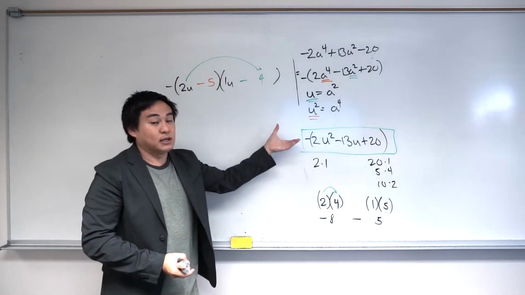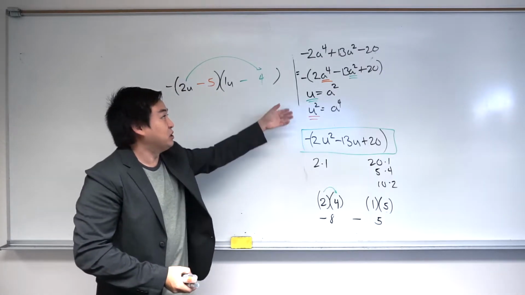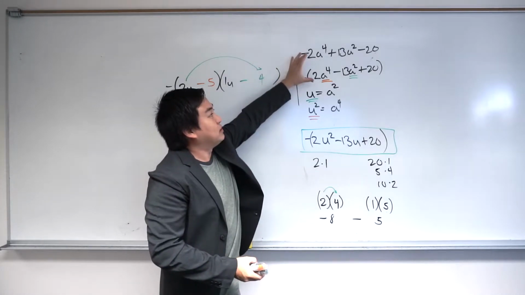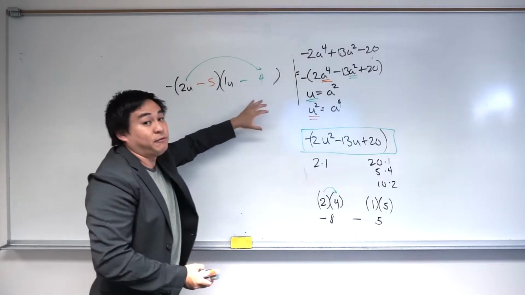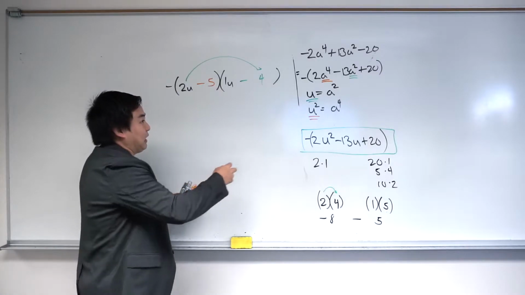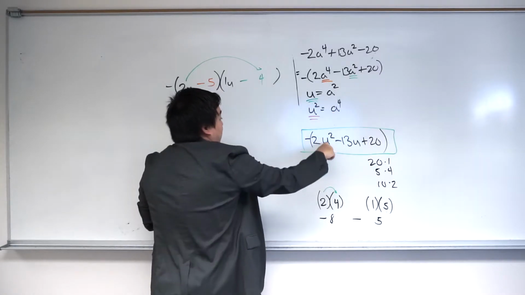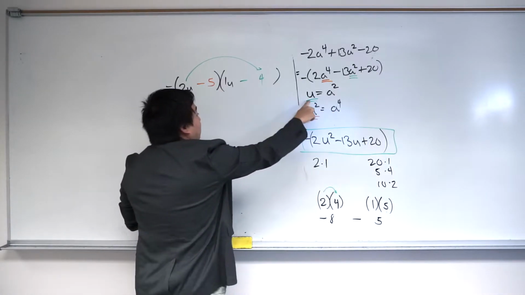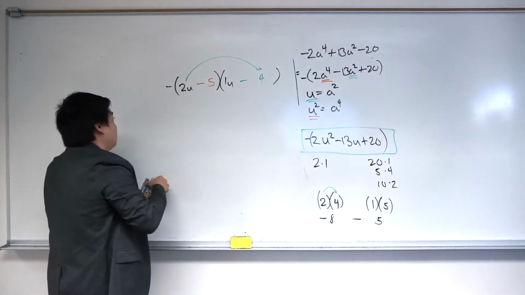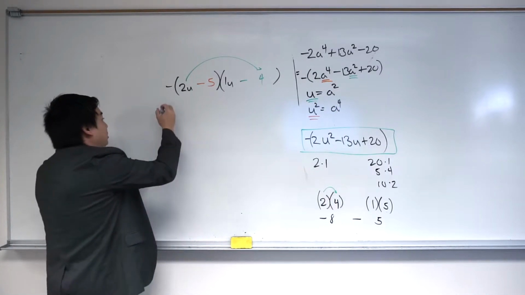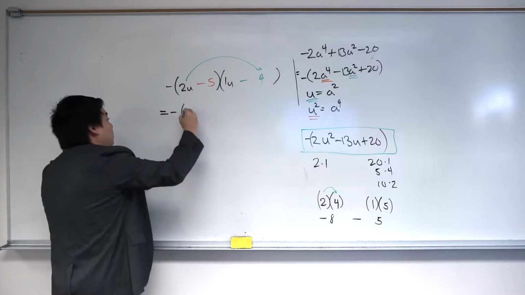But again, because we want our expression to be written in terms of a, we need to convert it back. The u values are given by a squared. So everywhere you see a u, convert it to a squared.